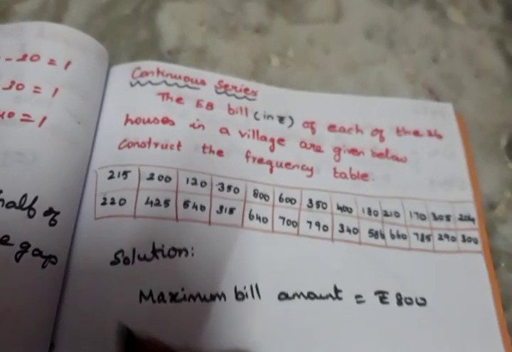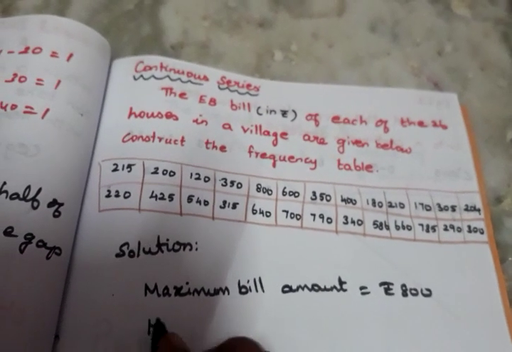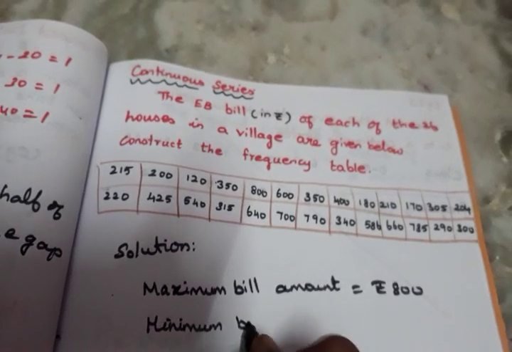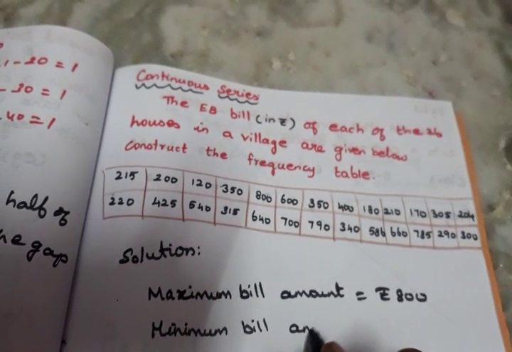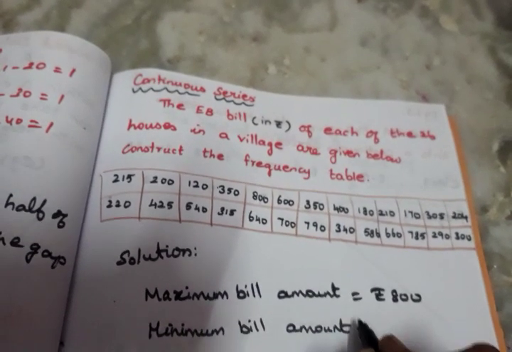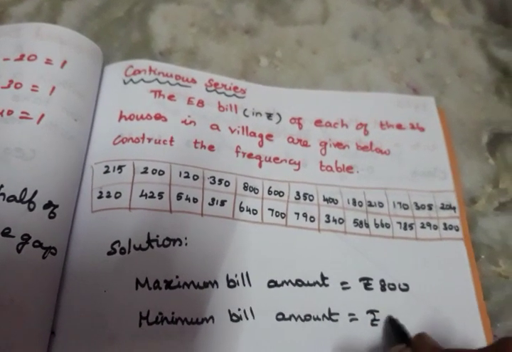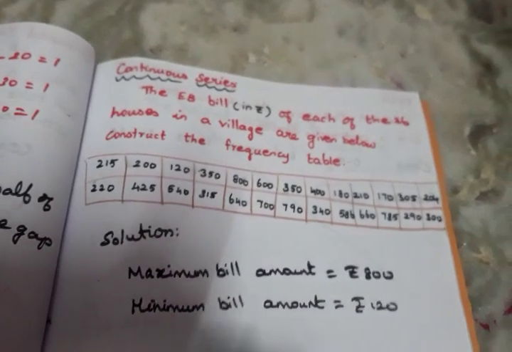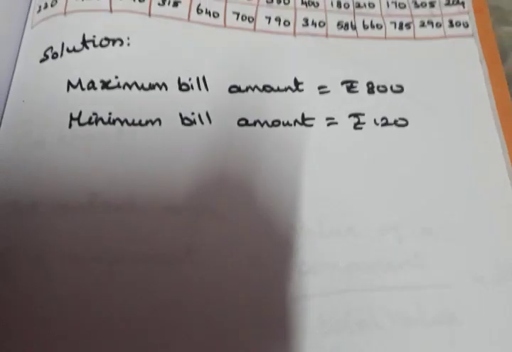The next, the minimum bill amount, is 120 rupees. Maximum bill amount rupees 800, minimum bill amount rupees 120.